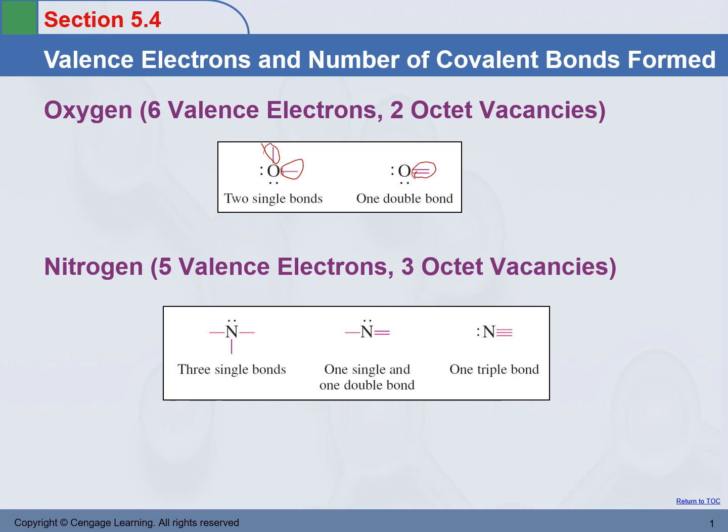Let's have a quick summary of the procedure you will need to use when questions like this are asked. For example, if someone asks you, how many bonds will atom X form when it covalently bonds with other atoms? Your job number 1 is to find the position of element or atom X in the periodic table.